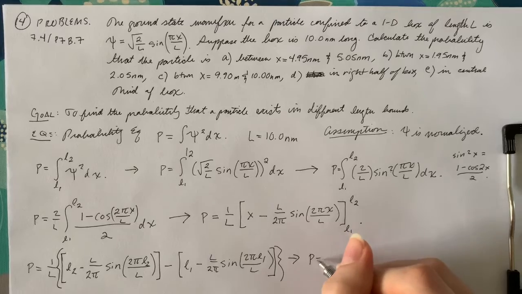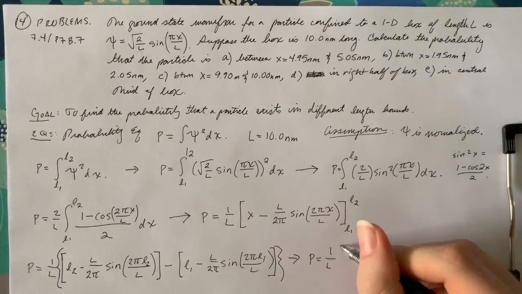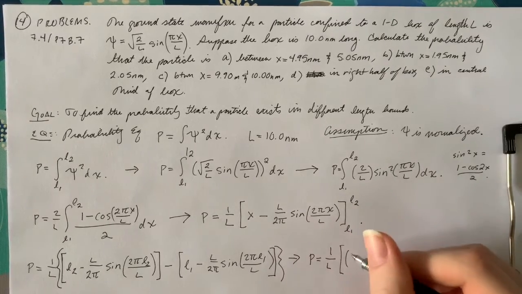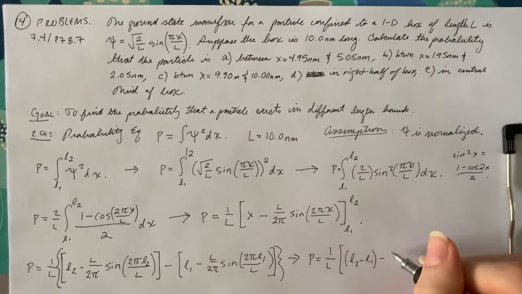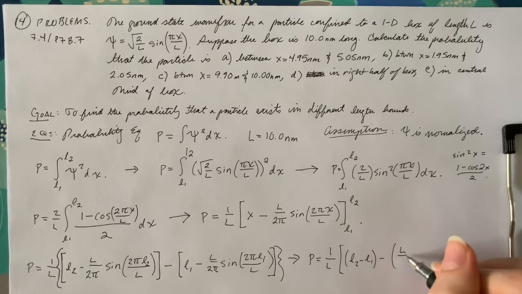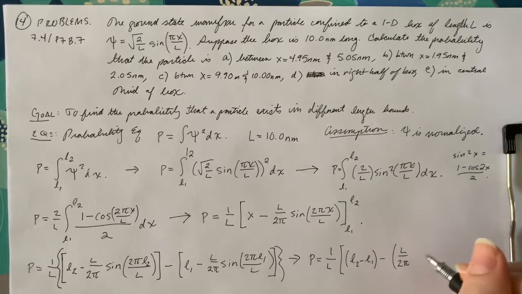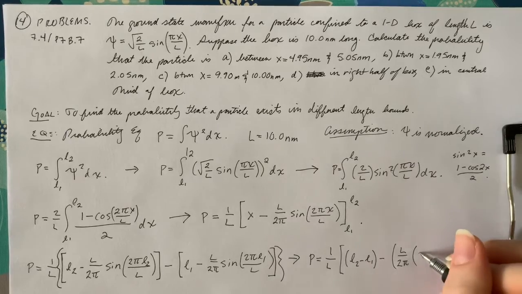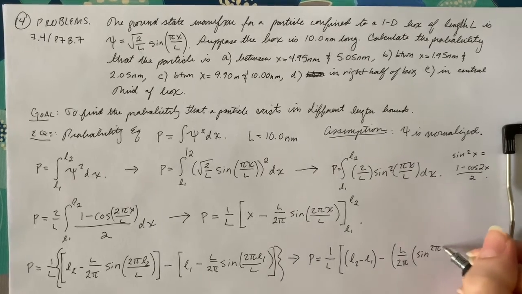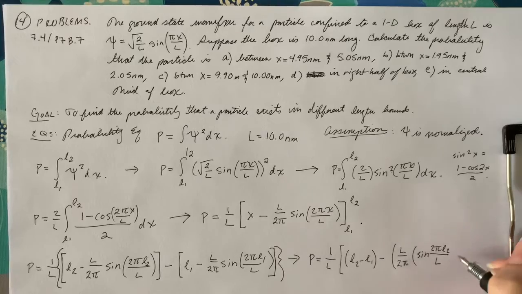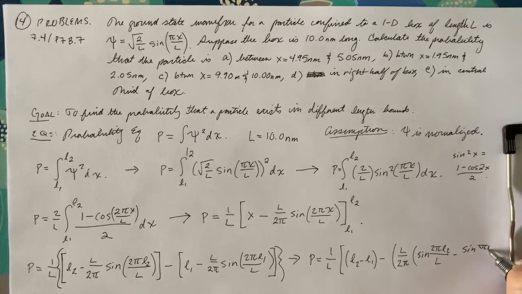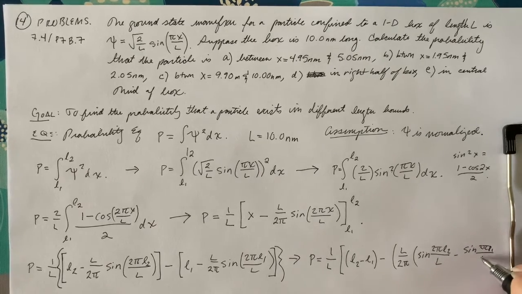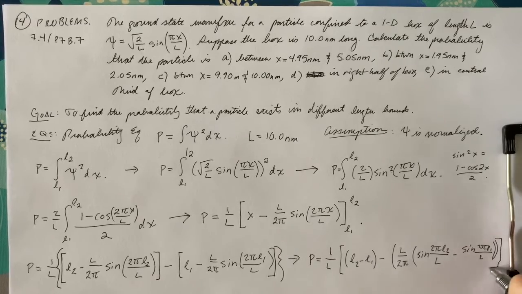So we get P equals 1 over L times all of this, minus L over 2 pi times sine 2 pi L2 over L minus sine 2 pi L1 over L. Ooh, just squeezed it in. Okay.